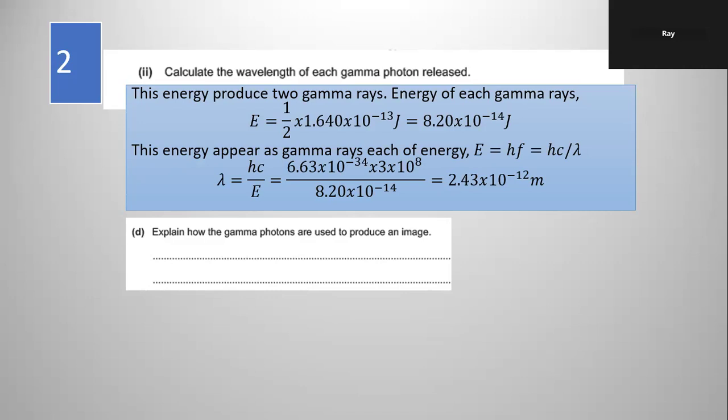Explain how the gamma photons are used to produce an image.